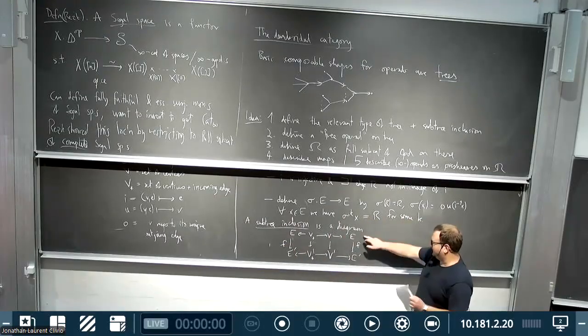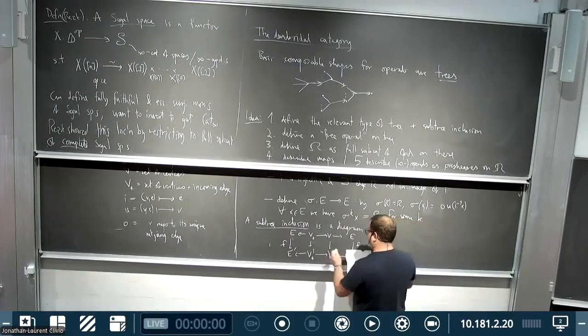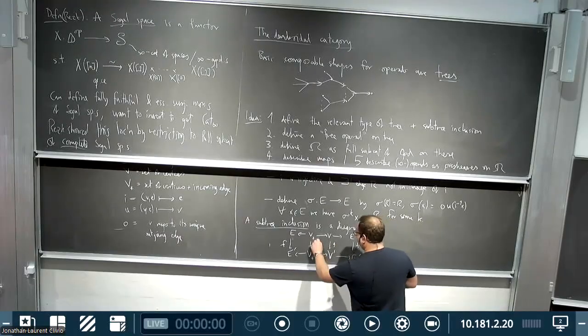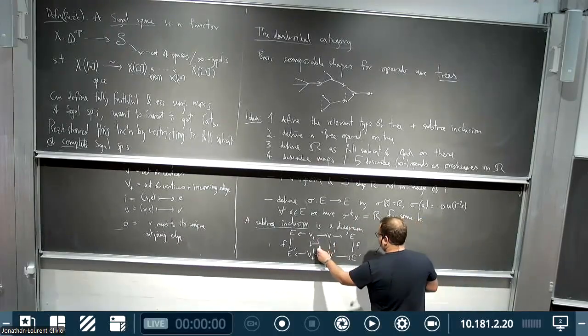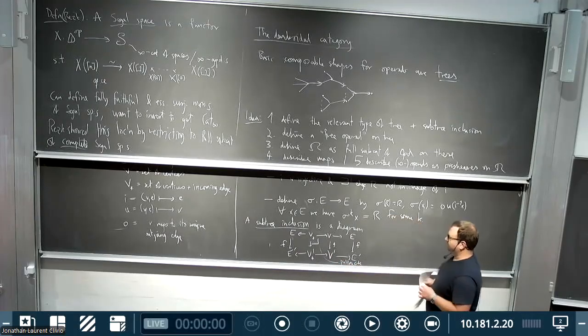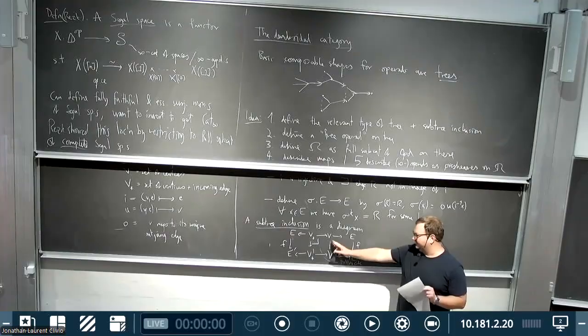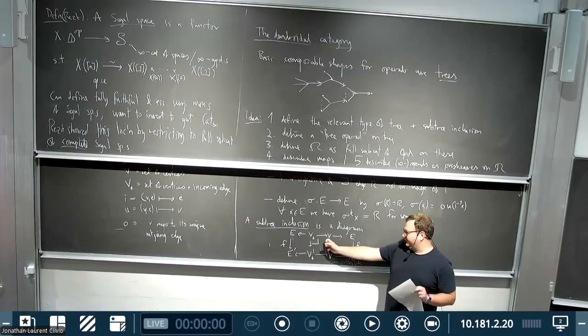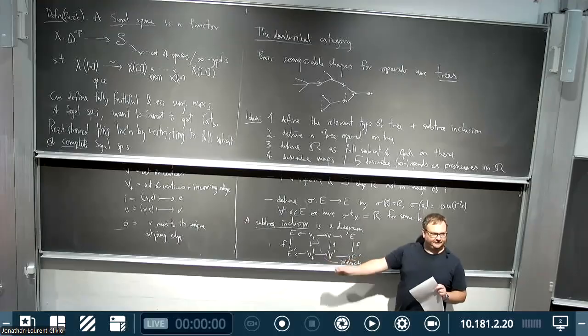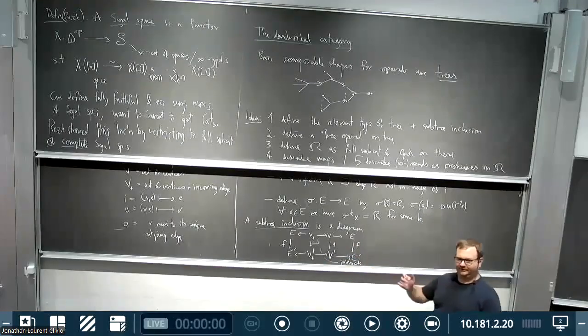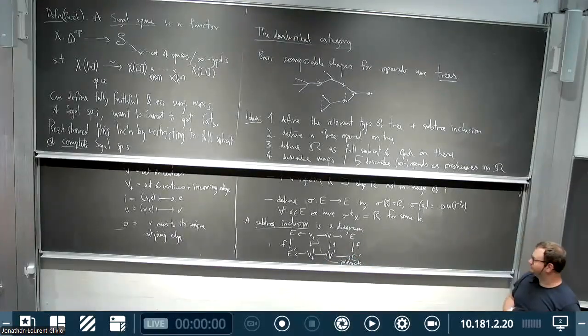There's a map on edges, and then there's a map on vertices. And then this middle square has to be a pullback. And so that tells me that a vertex has to go to a vertex with the same number of incoming edges. So I'm not allowed to mix up the different arities of vertices.